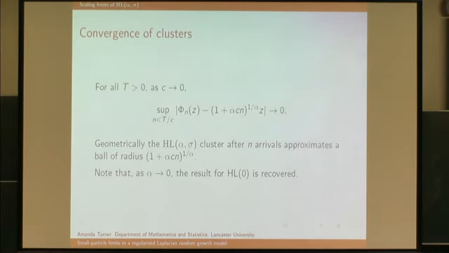If you look at the result that we get for our regularized model, if alpha is equal to 1, what we're getting is a ball of radius 1 plus cn, and so that means that the circumference is growing at constant rate, and this is something that you would expect from an Eden type model. So if any model corresponded to Eden, it would have to be that one. But the fact that there's some model that corresponds to Eden is just a heuristic.